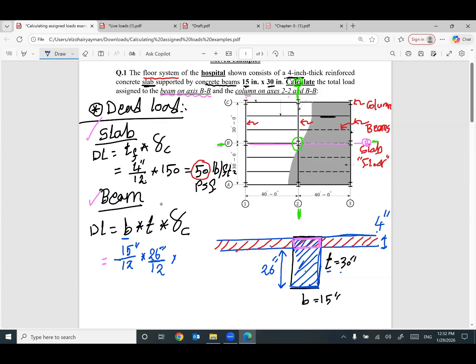Then multiply it by gamma concrete, which is 150 pound per cubic feet. So the value of the dead load of the beam is 15 times 26 will be 406.25 pound per foot.